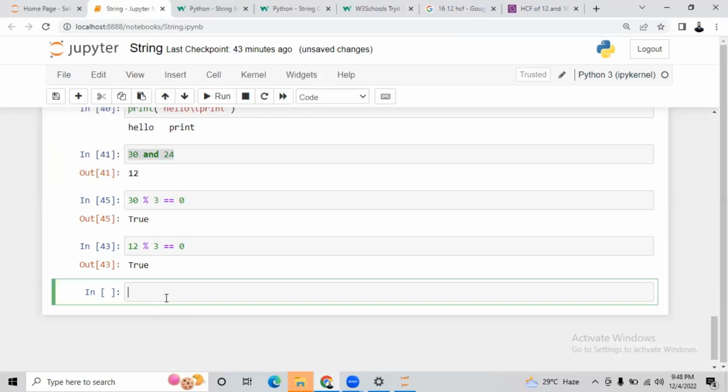There might be numbers which don't have anything in common, like 35 and 33. What will be the HCF of these two numbers? 1. 1, correct. When we don't have any common factors, 1 is always a factor. 1 is a factor of 35 and 1 is a factor of 33.